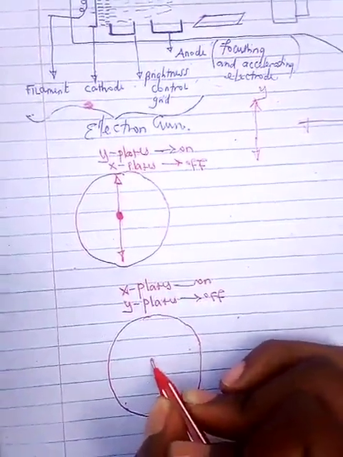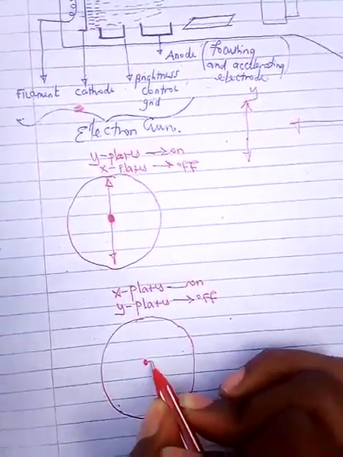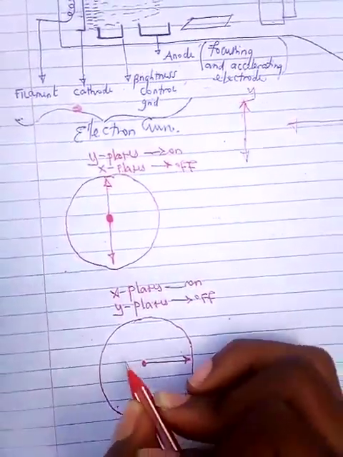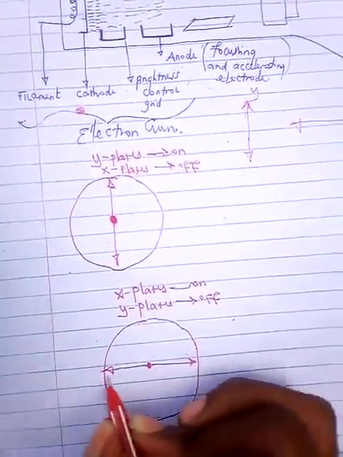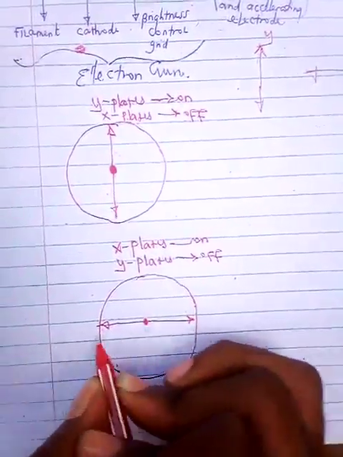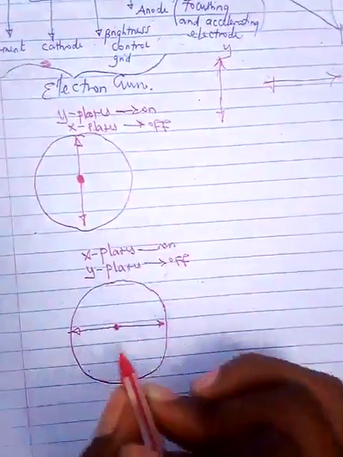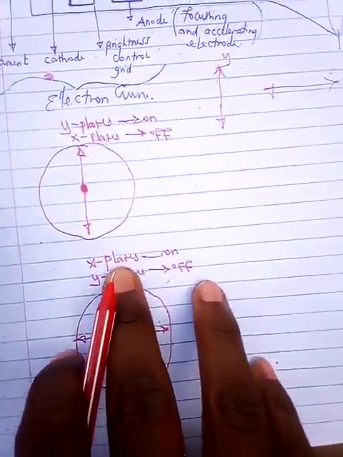Your electron beam is going to be moving horizontally, like we had established. So they're going to be going in this way.